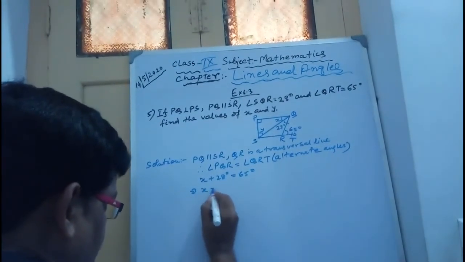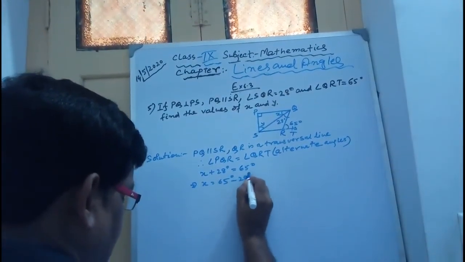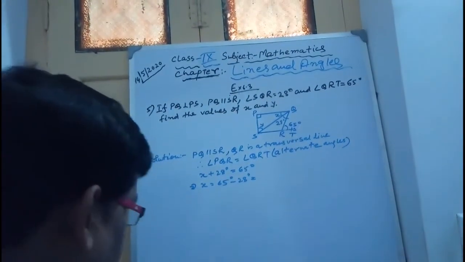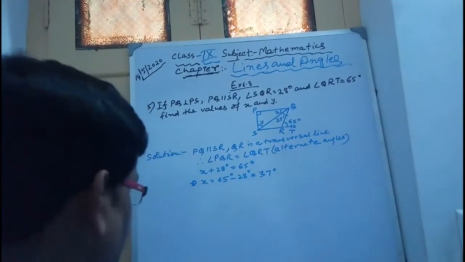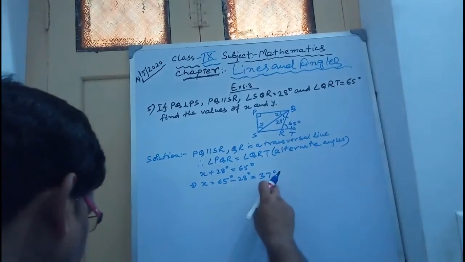So X equals 65 degrees minus 28 degrees. Subtracting, it gives you 37 degrees. So angle X equals 37 degrees.